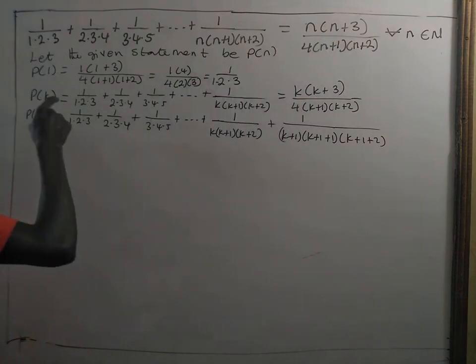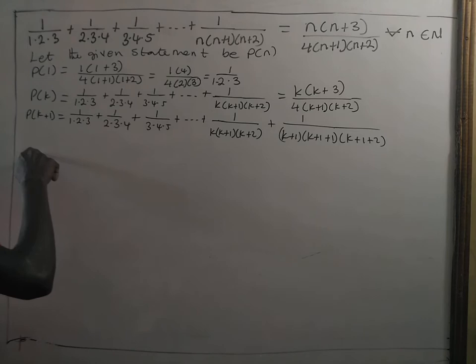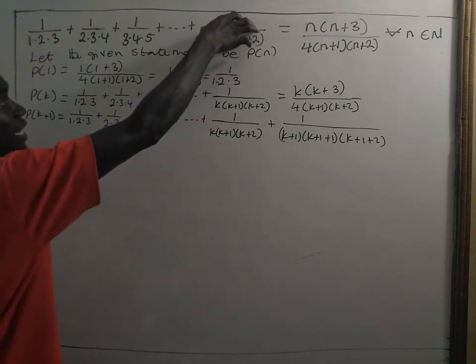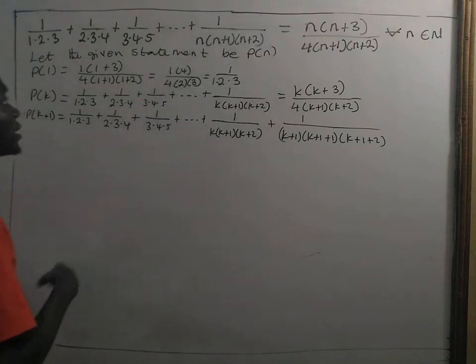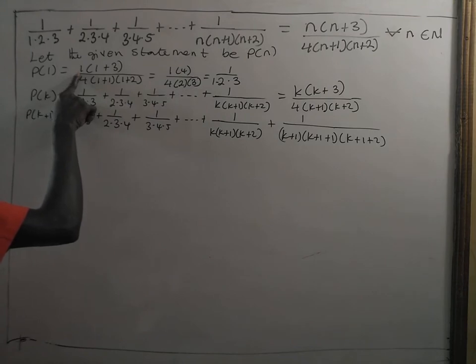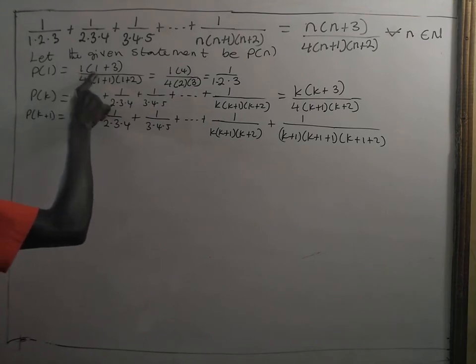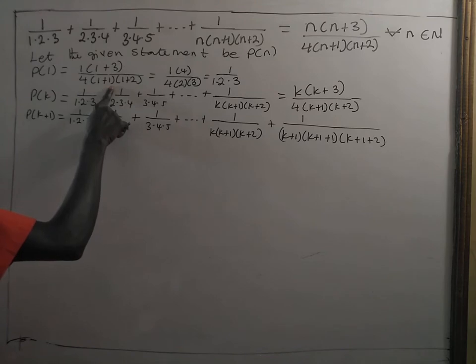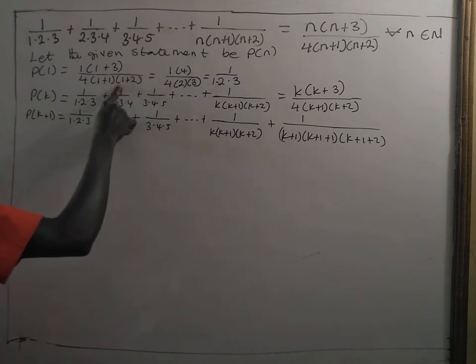So let's see. We put 1 for n. So here, 1 times (1 plus 3) divided by 4 times (1 plus 1) times (1 plus 2).